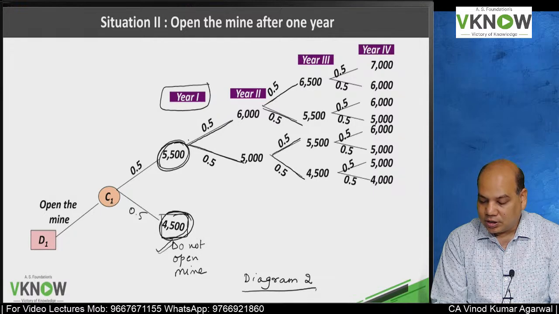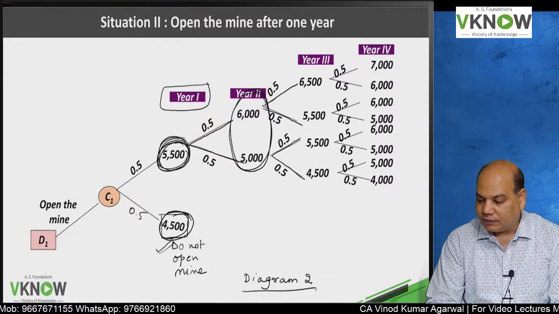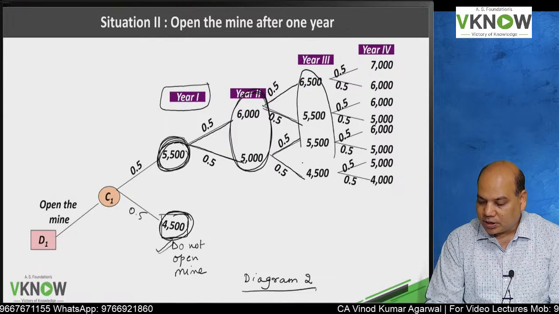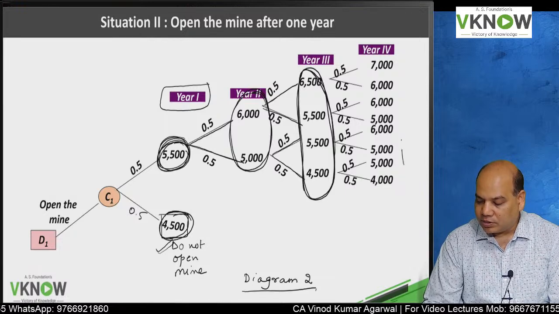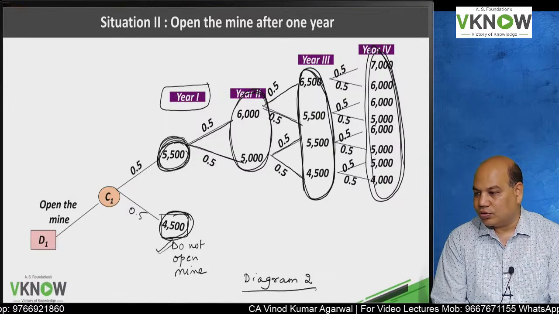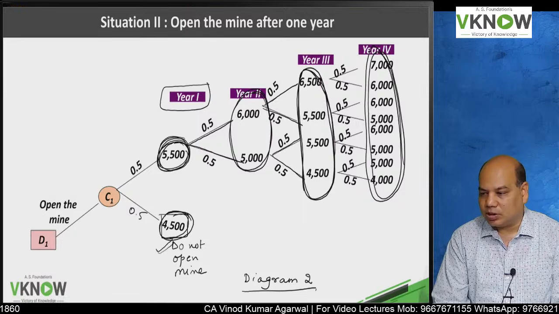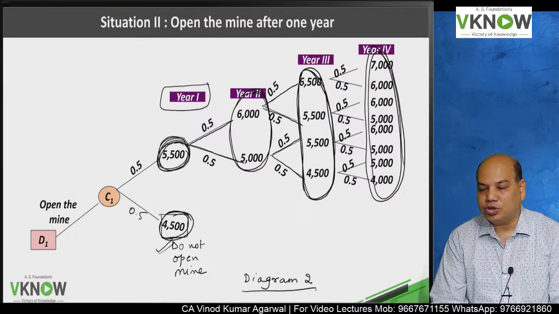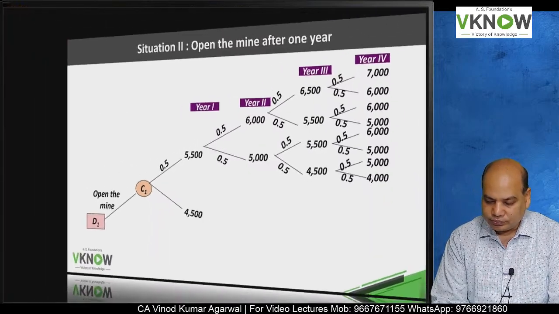As we discussed earlier, if I am starting from 5,500, my expected price of year 2 will be 5,500, my expected price of year 3 will be 5,500, and my expected price of year 4 will be 5,500. At least we are in a position to do the calculation and check whether NPV is positive or not.